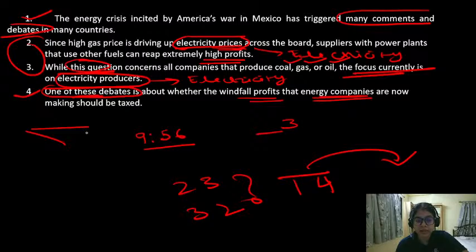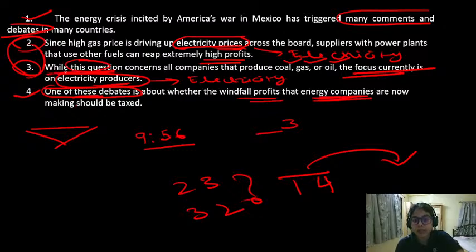See the inverted triangle. Started from energy companies, then it's concluded to specific electricity companies, right? So 3 introduces electricity producers, focuses on electricity producers, and then builds upon that idea.